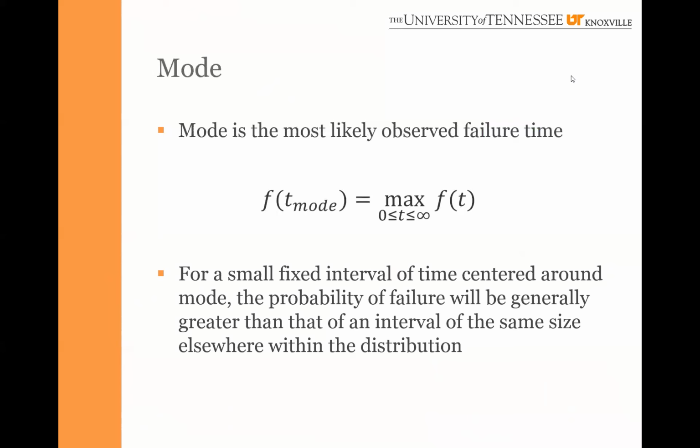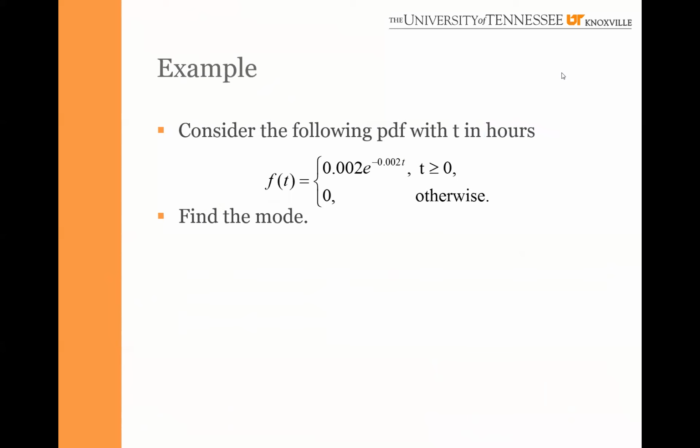For the function that we looked at in the last exercise, the function looks something like this. So the mode will be 0, right? Because that's where the function is maximized. So it's nothing fancy. Mode would be 0, just where the function assumes its highest value.